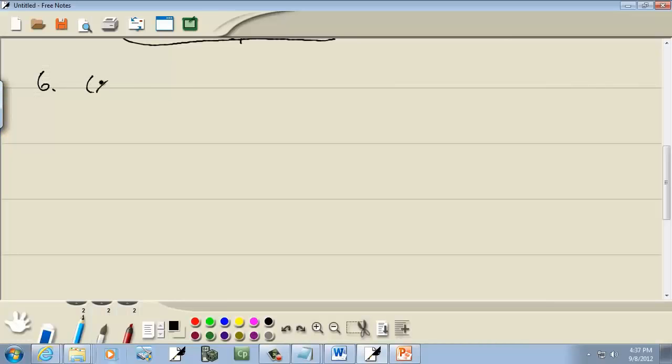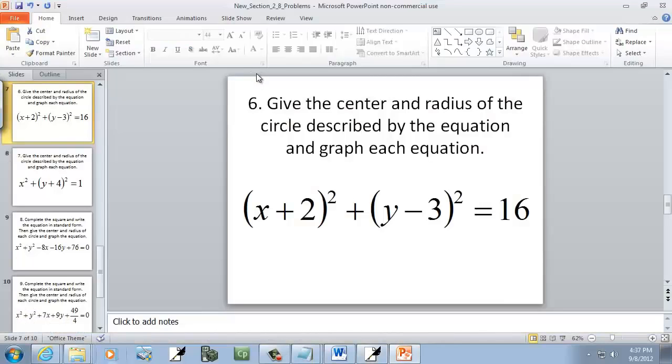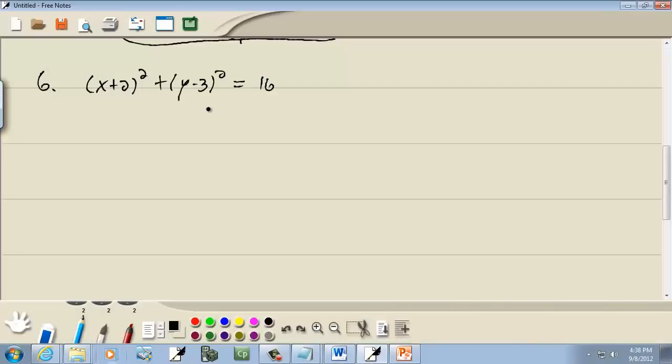Okay, so we got (x + 2) squared plus (y - 3) squared equals 16. It says give the center and radius of the circle described by the equation and graph each equation. Well, this is already in standard form. We got x plus or minus a number squared. We got y plus or minus a number squared. So this is going to be our h, and it's always going to be opposite sign.